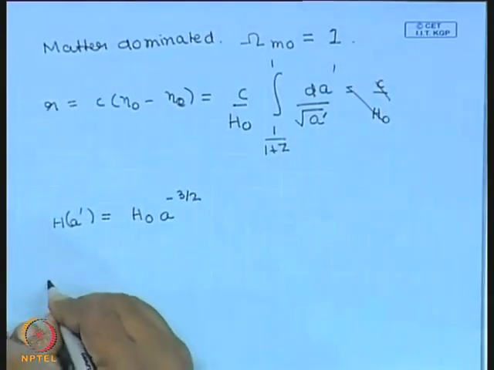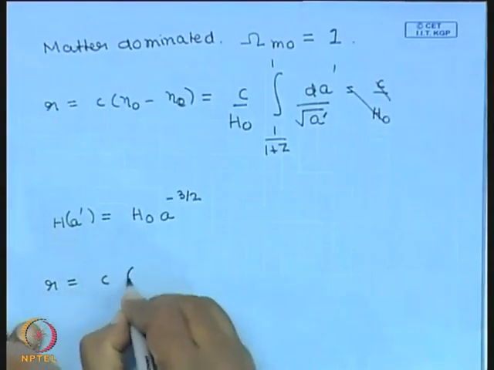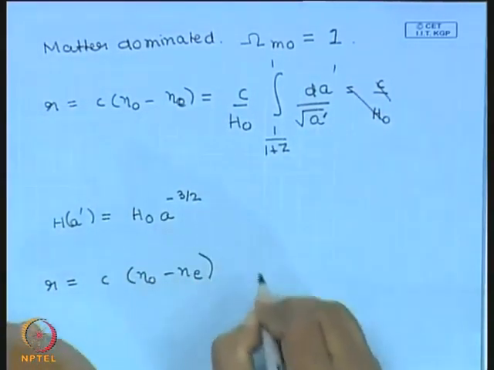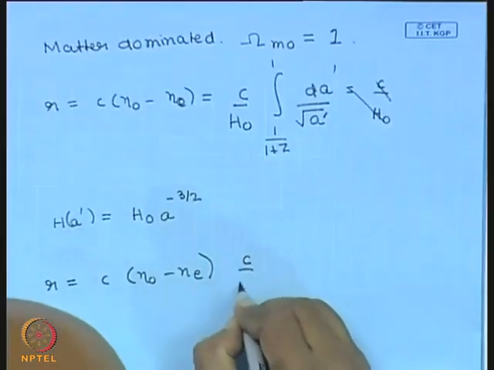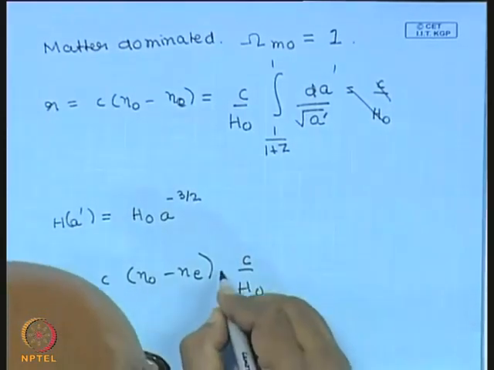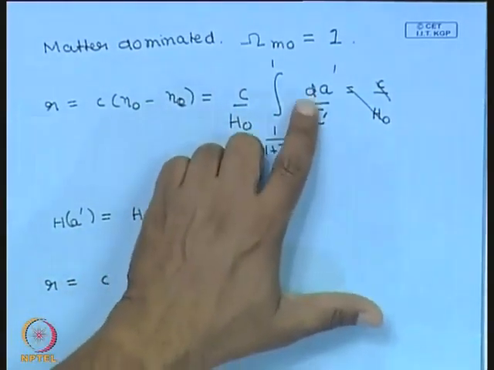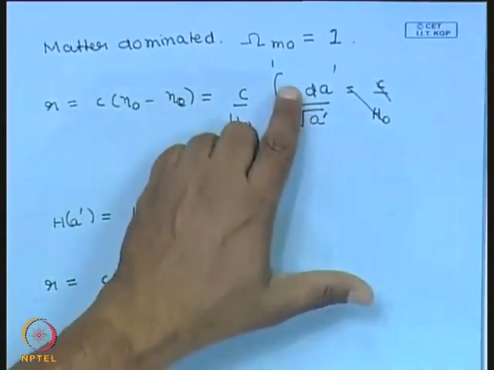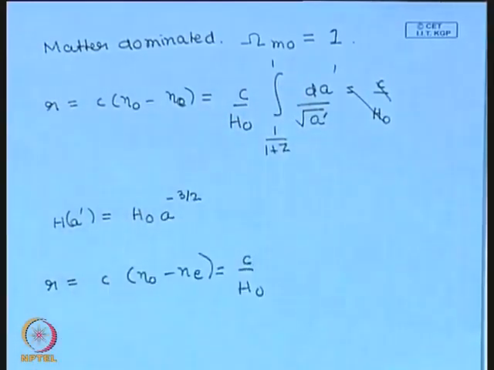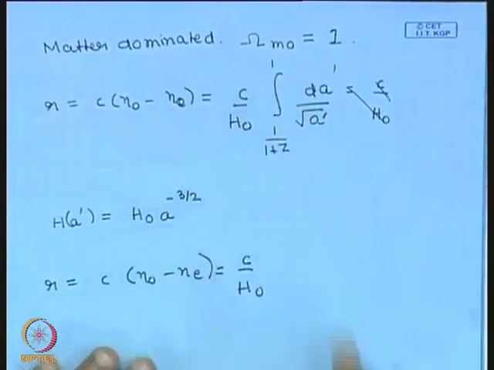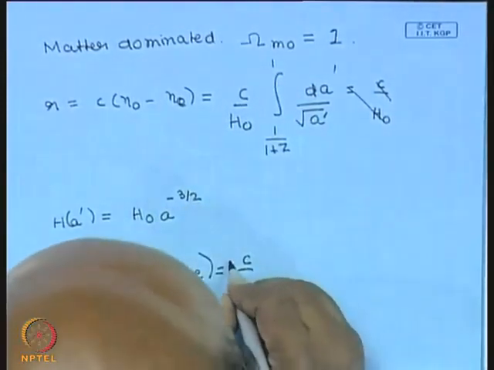So what we have is r is equal to c times eta naught minus eta emitted, which is equal to c by H naught. The integral over here is 2 root a', and the upper limit is 1, so I can put the 2 here.